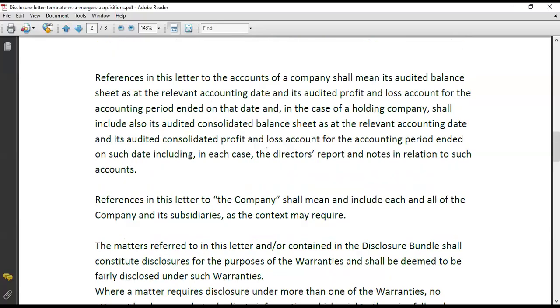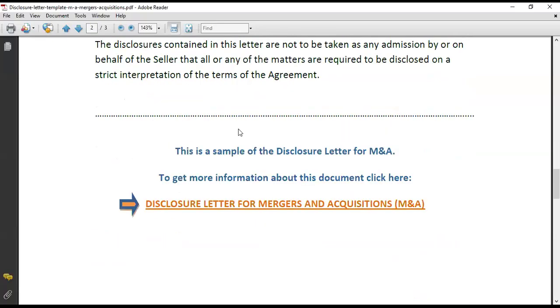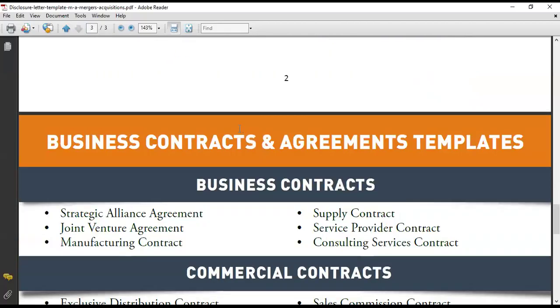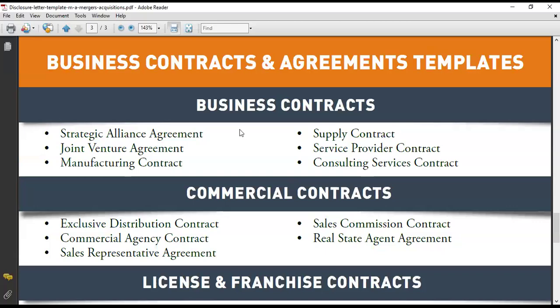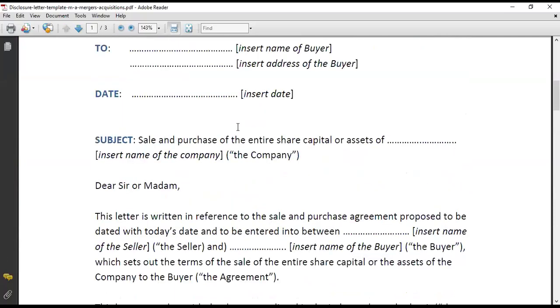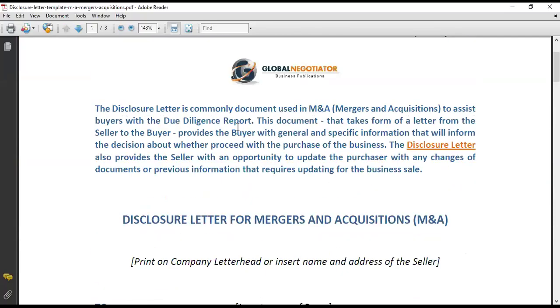So what do you include in the disclosure letter? So I think this is the disclosure letter.